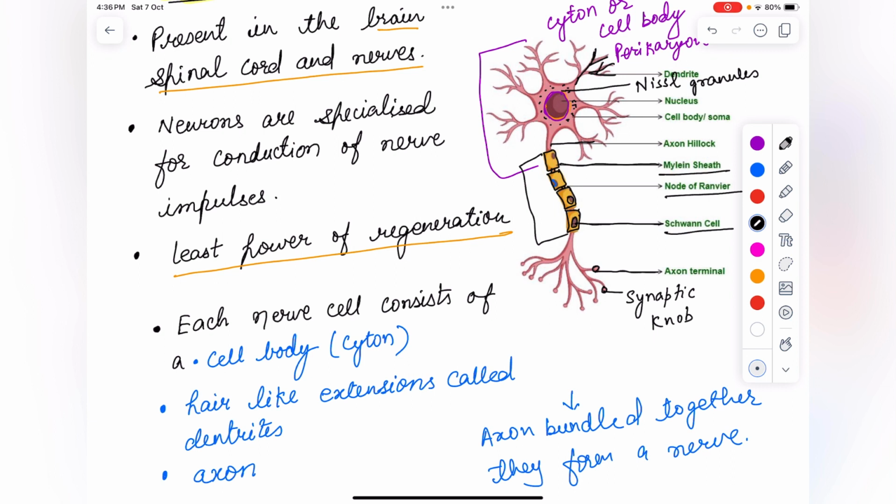And this axon is a single, generally long efferent process which conducts impulse. ये क्या करेगा? यहाँ से ये impulse cyton में आएंगे. Cyton से it will go to the axon, and from axon away from the cyton to the another neuron. So the length or the size of this cell will be about 1 meter, and neuron is called the longest cell in body, longest cell.